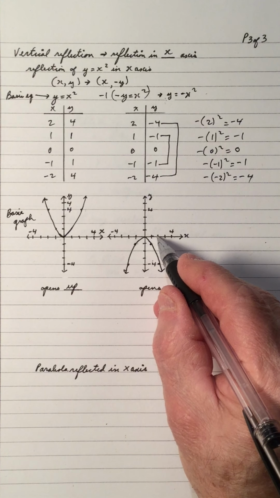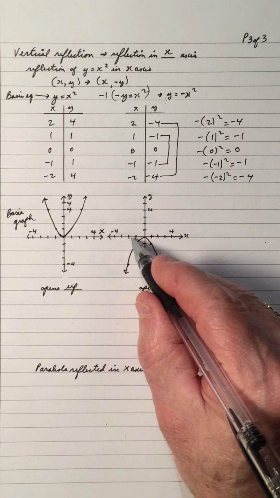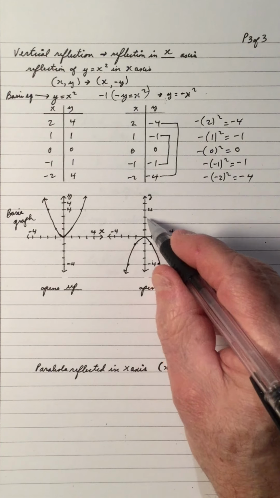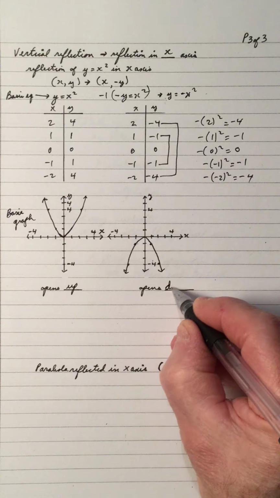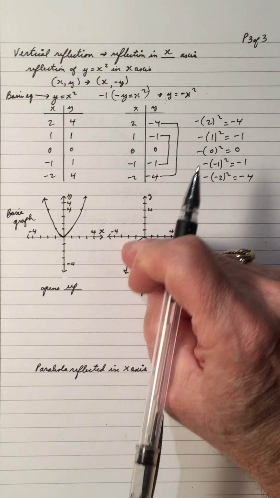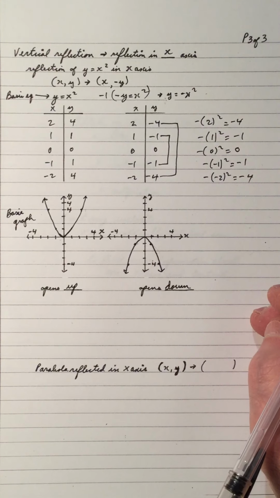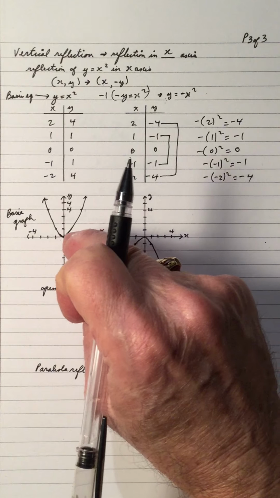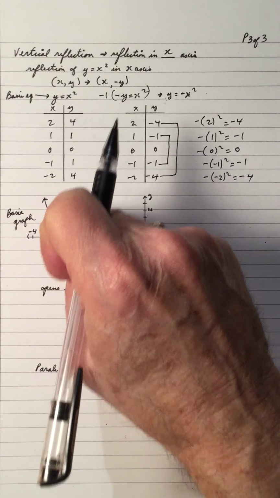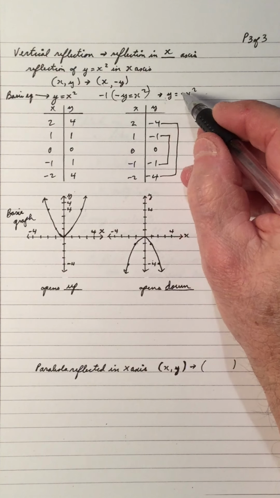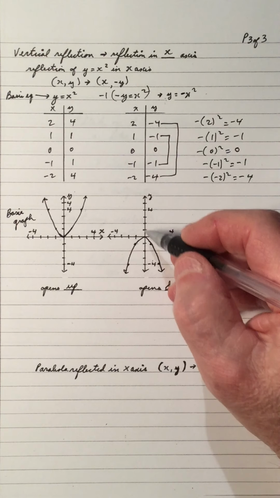As you move 2 to the left or 2 to the right, you get the same y value of negative 4. So in this case, it opens down. Notice both sides are going down. When you take a parabola with a positive x squared, it opens up. And now it's a negative x squared, so it's going to open down.